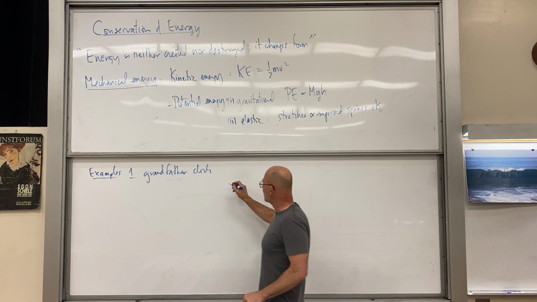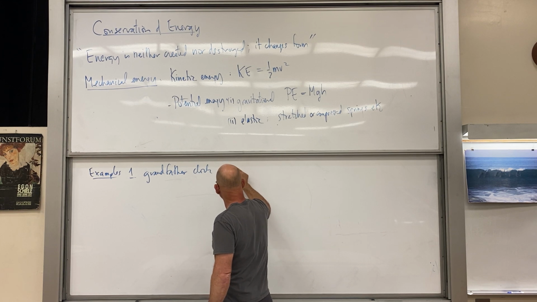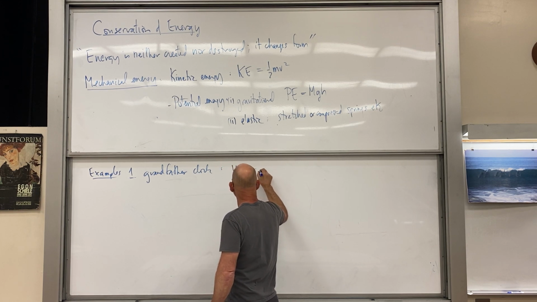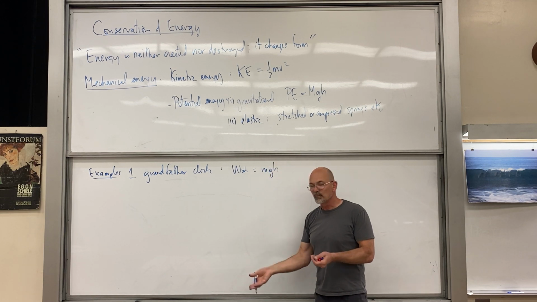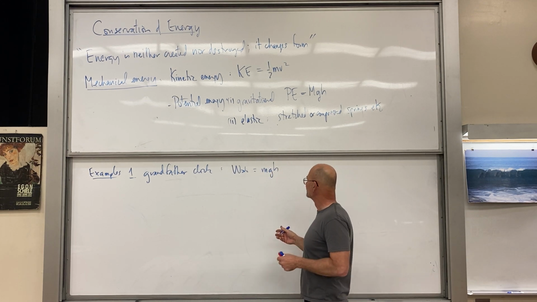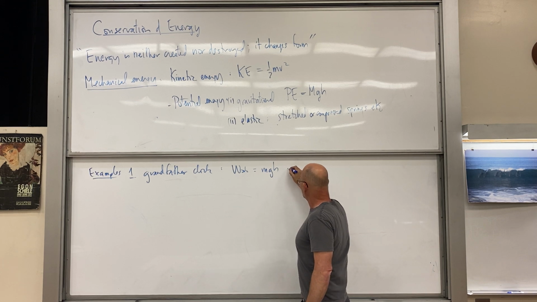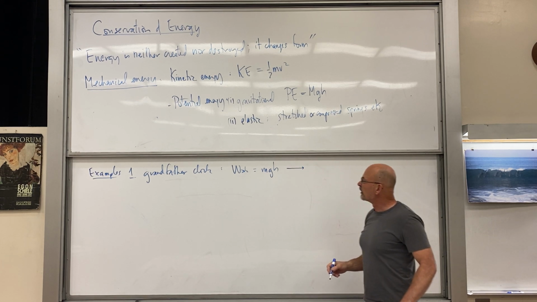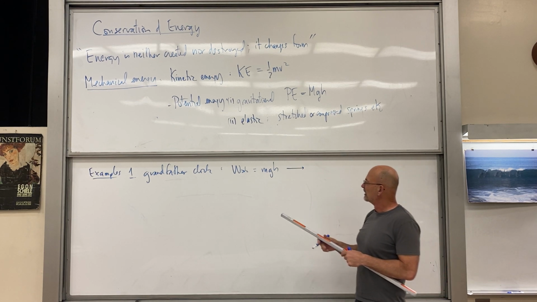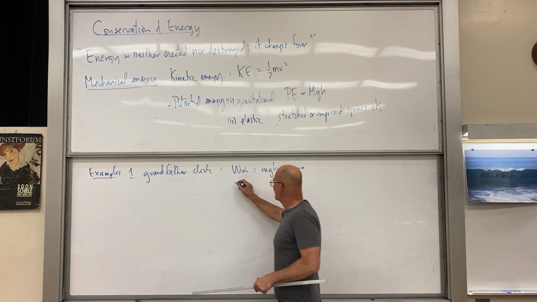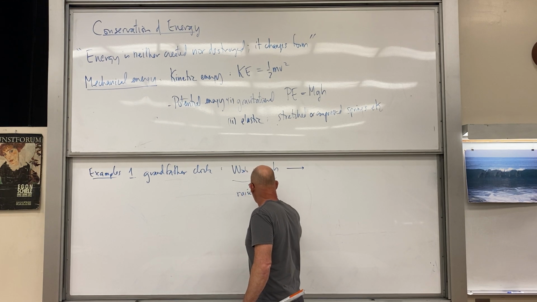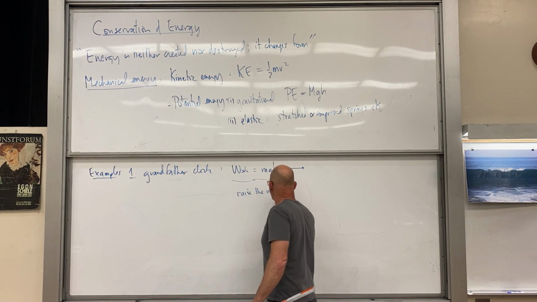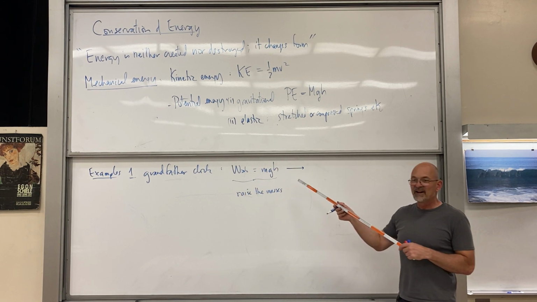So the grandfather clock, the work is raising, remember we said we wind it up or we raise those masses somehow. What does that get converted to? MGH is to raise the masses, we wind it up, where does that energy go?